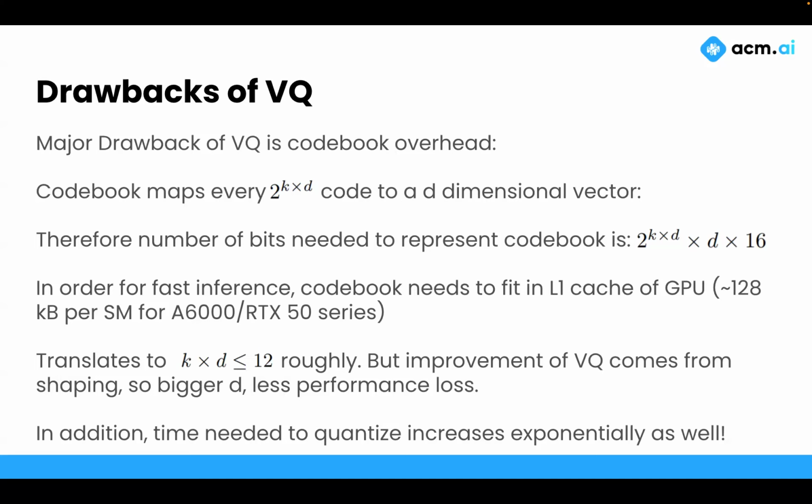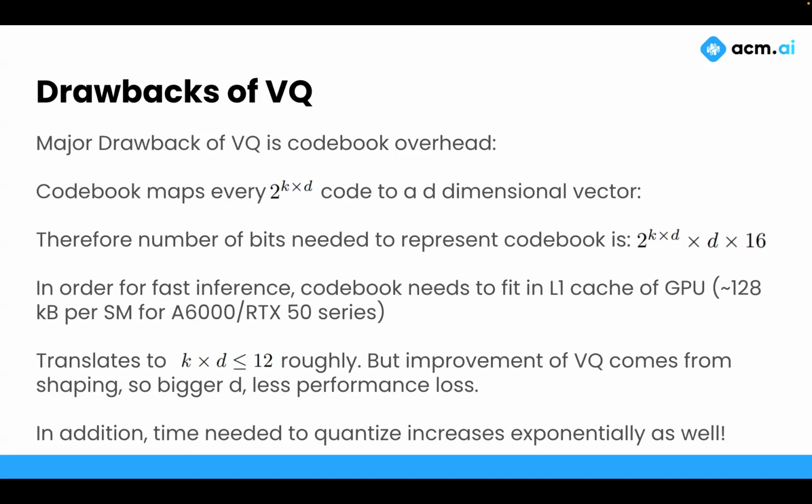However, for vector quantization we have this additional factor of d. The number of bits we need is the size of our codebook times the number of vectors times 16, because we're representing in 16 bits.